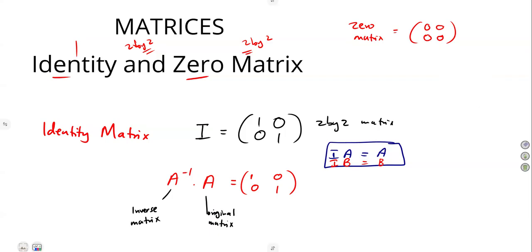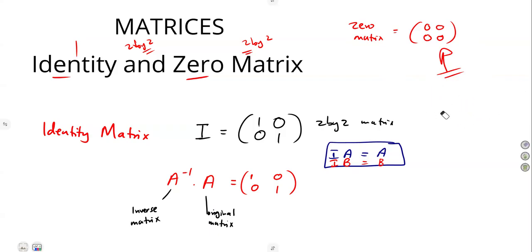So 0 plus any matrix, you obtain that matrix that you are adding to the zero matrix. But for multiplication, you obtain the zero matrix as it is. Just imagine you're multiplying by 0. Whatever you are having, you're going to multiply it by 0, so that is going to give you 0 throughout.